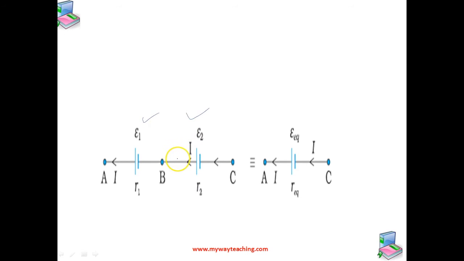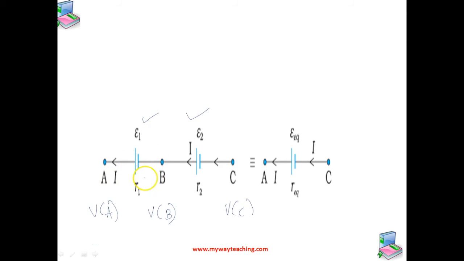Yes. See, let V of A, V of B and V of C be the potentials at points A, B and C respectively. Okay. Then V of A minus V of B is the potential difference between positive and negative terminals of the first cell, isn't it?